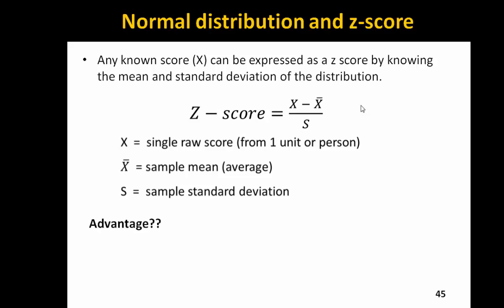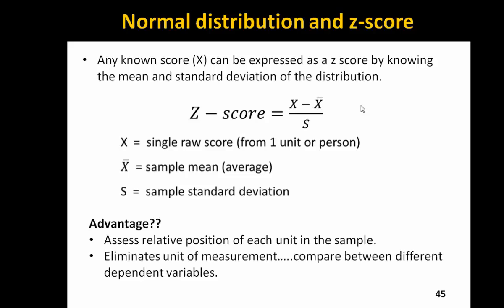The advantage of using a z-score is that it allows us to assess the relative position of each unit in the sample. It gives us a visual representation of where one person's score sits with respect to another person's score, as well as the group average.